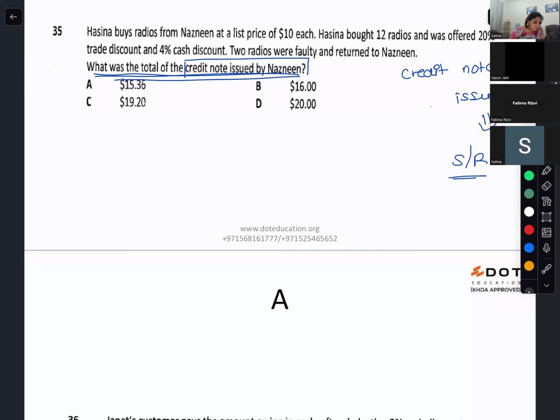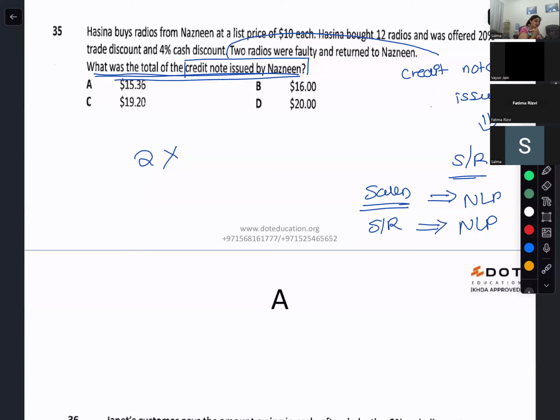Come on. How many radios were returned? Two. Sales is at what price? When you record sales, you record at which price? Net list price. If you record sales return, you will record at which price? Net list price. So net list price is for sales, net list price is for sales return. Are you with me? Yes, miss.